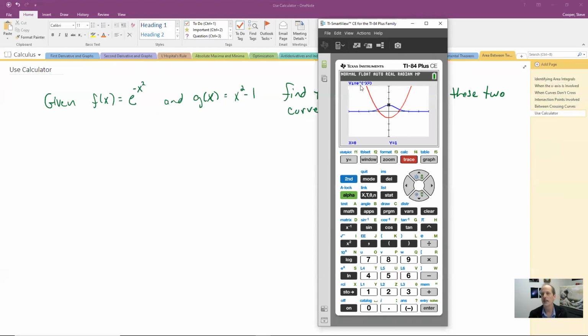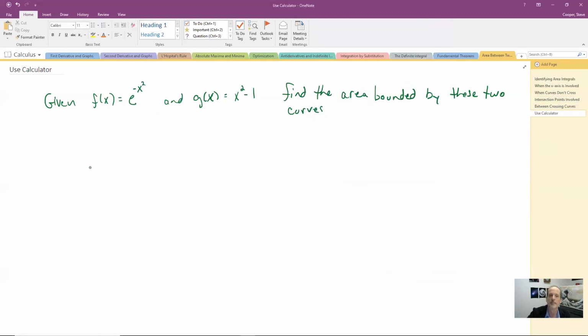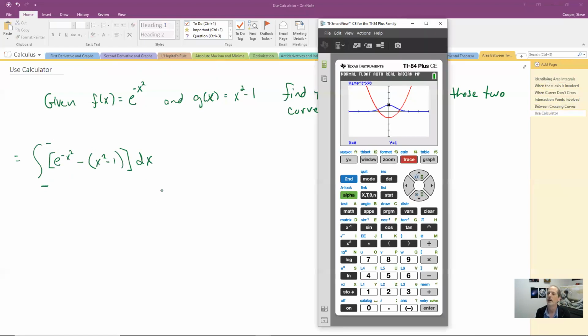So what this is going to end up being is the integral of f of x minus g of x the whole way through. But we don't know these yet. So let's go ahead and get those.